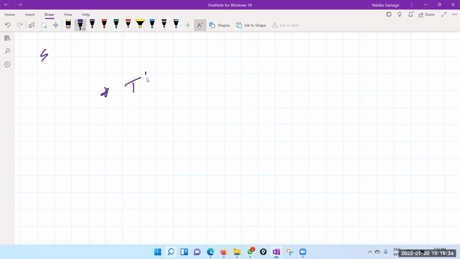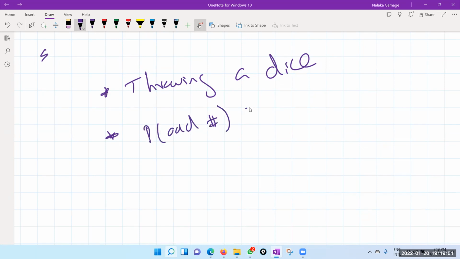Listen to the scenario. What is the probability of getting an odd number? It's very easy. How many odd numbers are there on a dice? Three: 1, 3, 5. Therefore n(A) is 3. The sample space has 6 outcomes. So the probability of getting an odd number is 3 out of 6. That is straightforward.